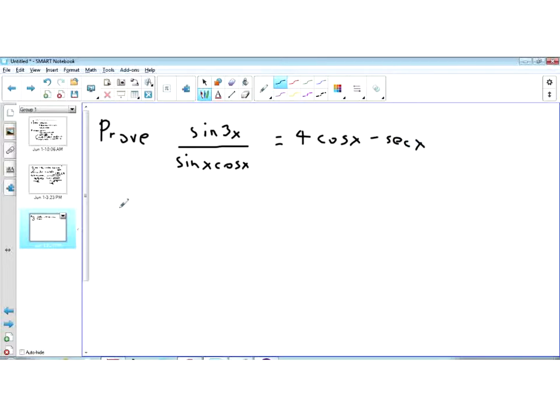Okay, so it'll probably be a lot easier if we work on the left-hand side, because we can reformulate sine 3x as the sine of x plus 2x. And then if we multiply upstairs and downstairs, we can reformulate the denominator as 2 sine x cosine x.